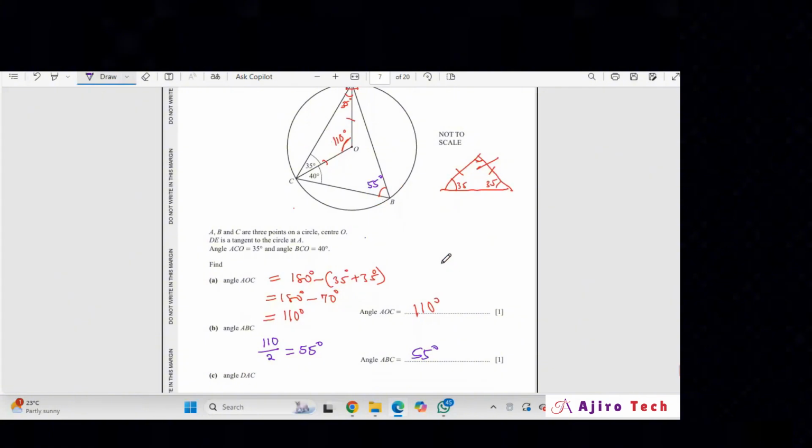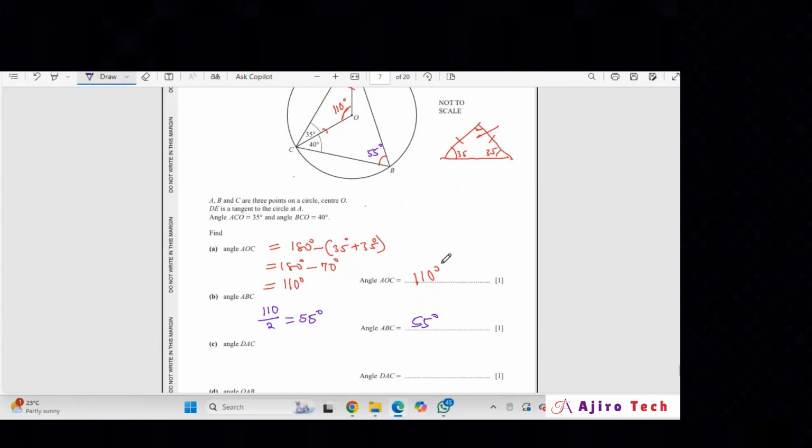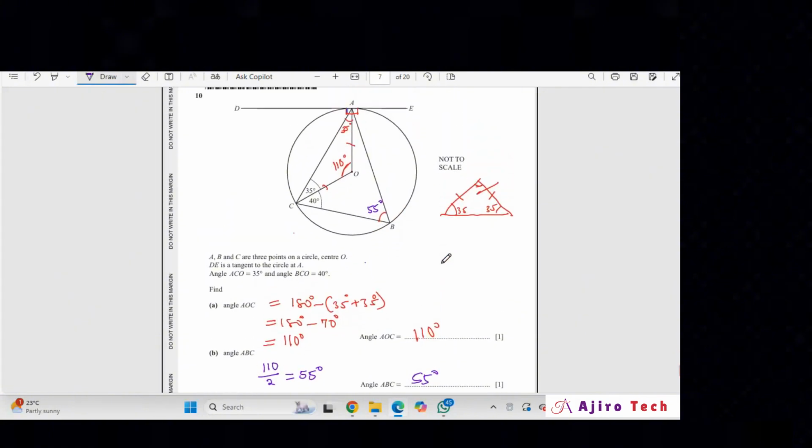Now the next question is what? Angle DAC. Where is D? You need to find this DAC. See, DAC is this angle. How do I say now? Is that angle outside there? So how do we get that angle? From this side to this side, this place to this place is 90.